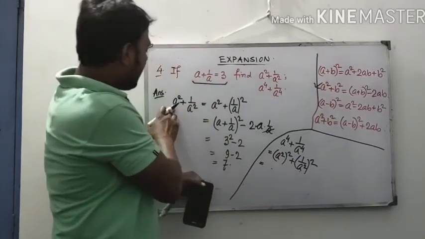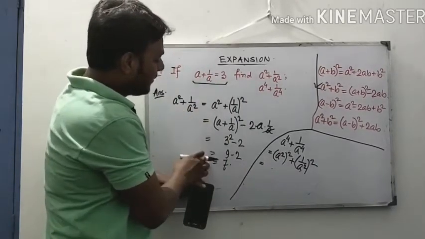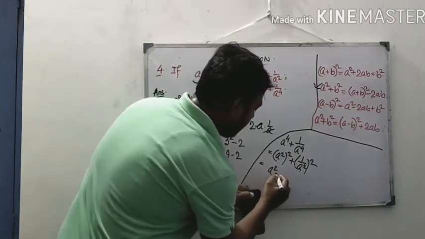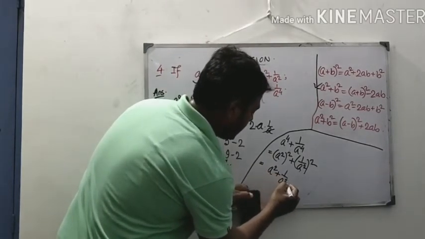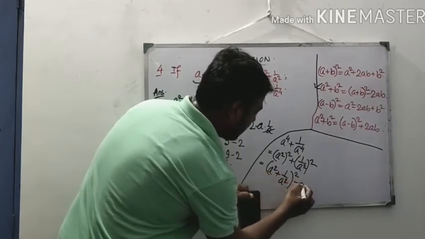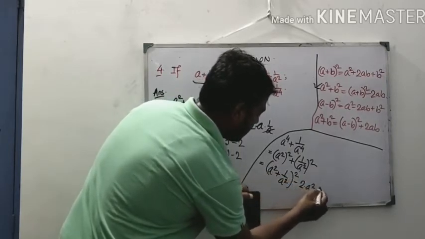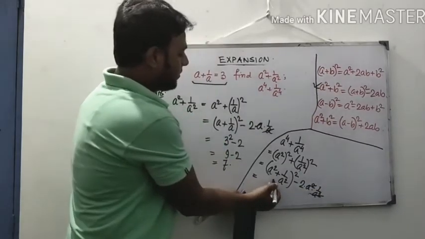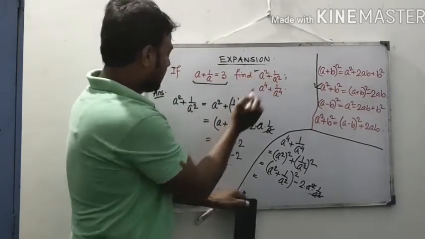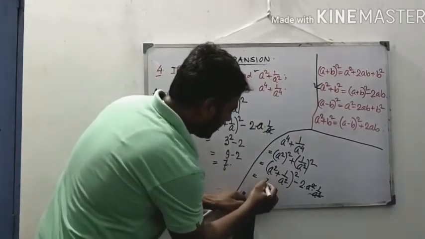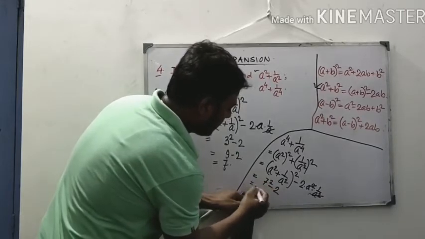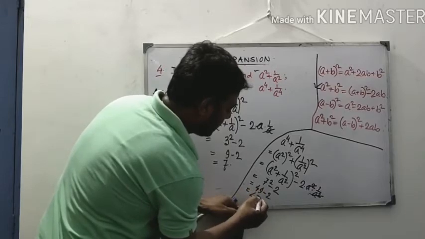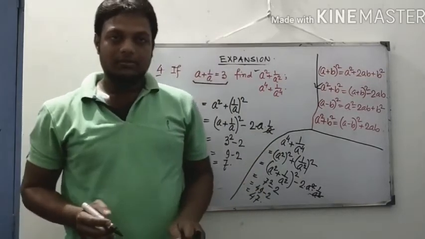Now we already have the value of a square plus 1 by a square, so we can use it. This is a plus b whole square minus 2ab, where 2ab means 2 into a square into 1 by a square. This cancels out. We have the value of a square plus b square, the first one, 7. So put here 7 square minus 2. 7 square means 49, minus 2 equals 47. This completes the solution.